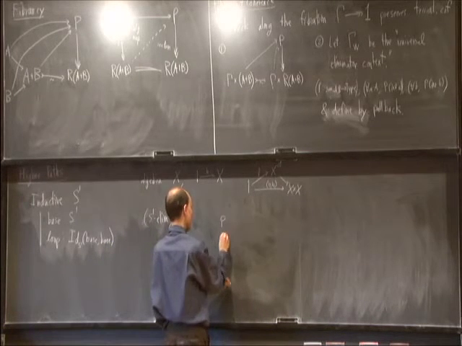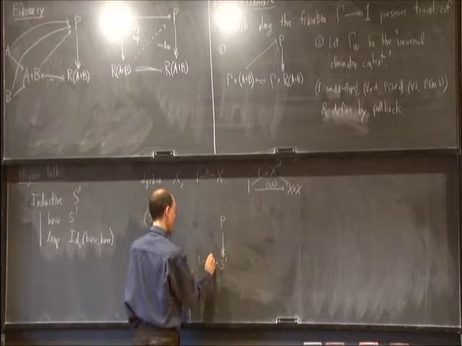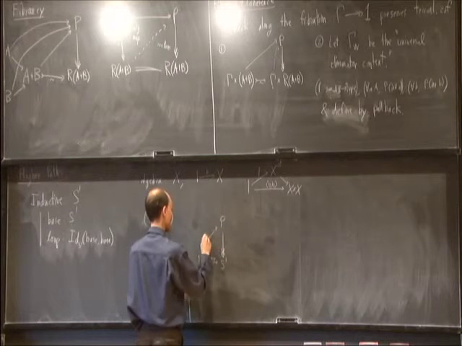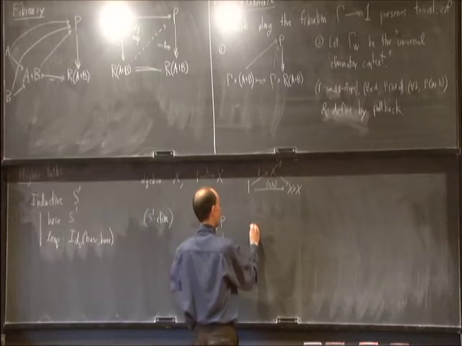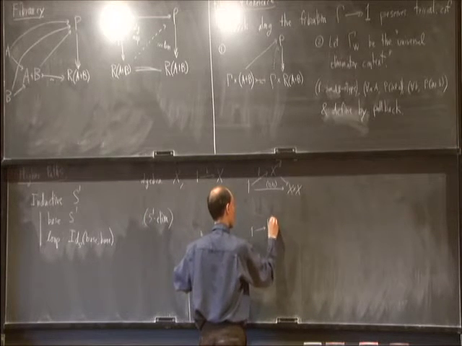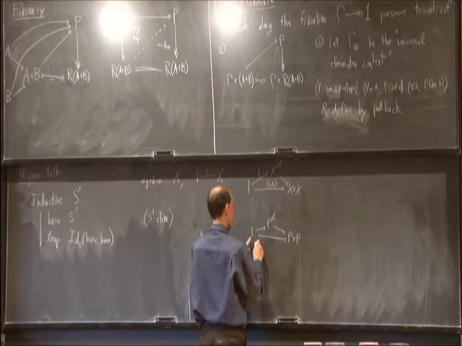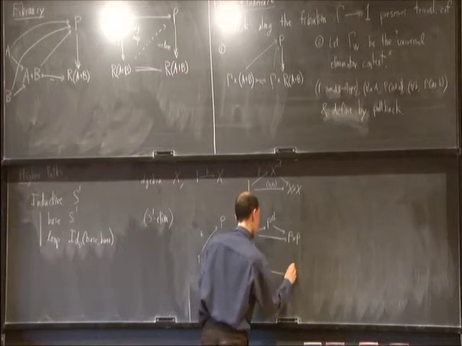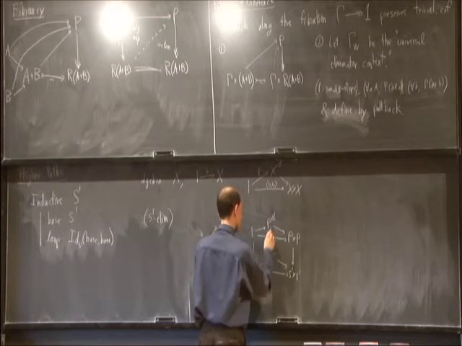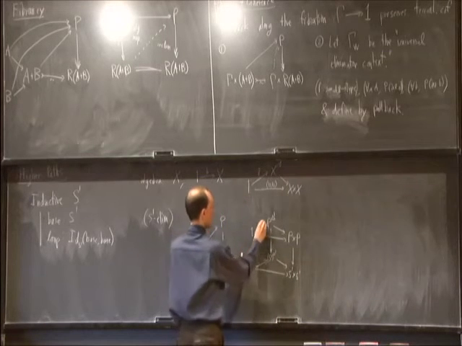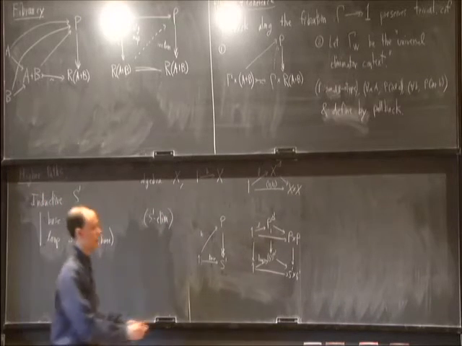If I have any fibration P over S1 with a point of P living over the base point, and a homotopy living over the loop, then I'll have a section of this fibration.